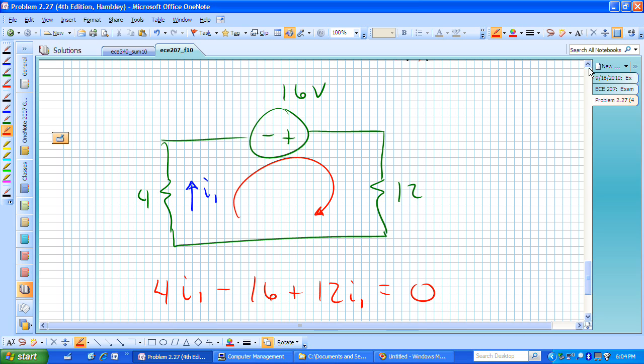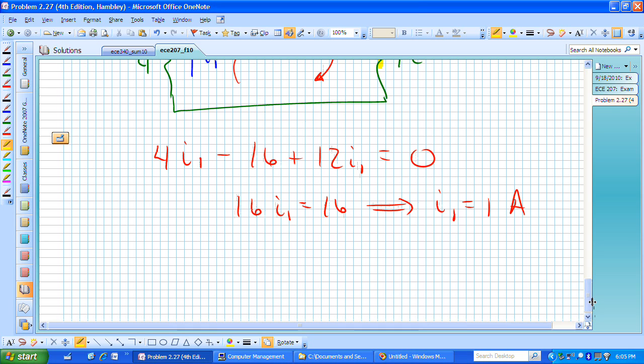We now need to find I sub 2, but remember, I sub 2 is not the current flowing through that 12 ohm resistor. That's what you can't confuse.